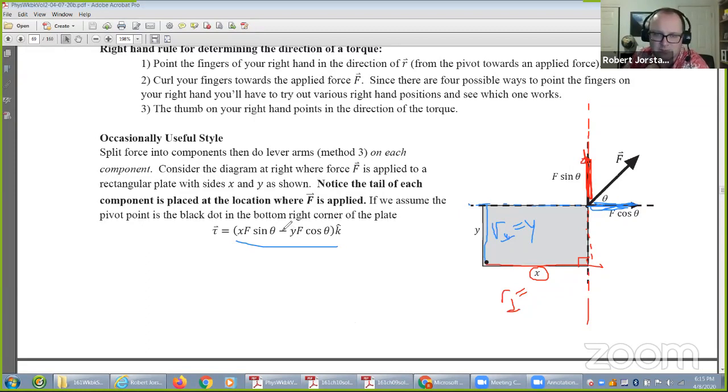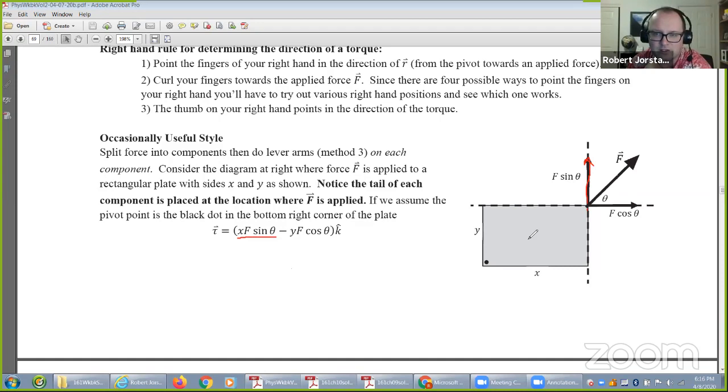Now notice there's a minus sign here. You might be wondering about that minus sign. Check it with the right hand rule right now. You want practice with the right hand rule? This is it. Let's do it. Look at these two forces and verify. I think I said this was the red one, so let's start with the red one. The red one is this term right here.